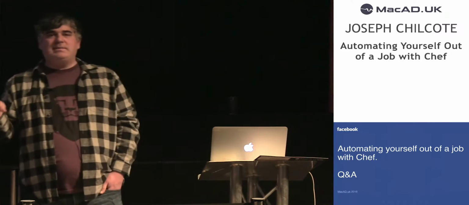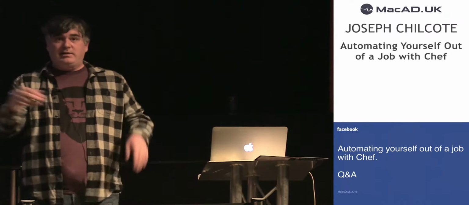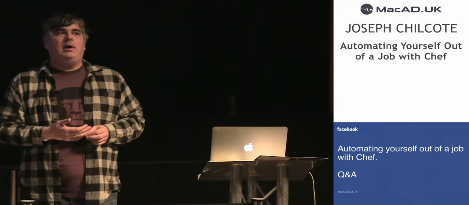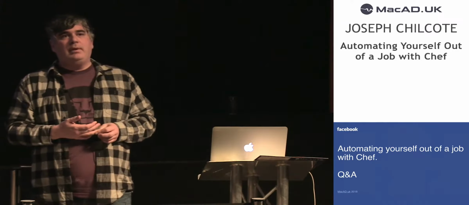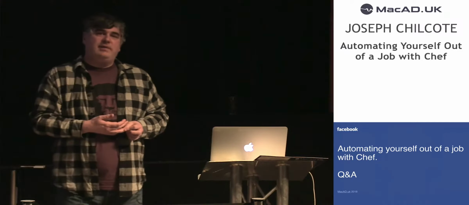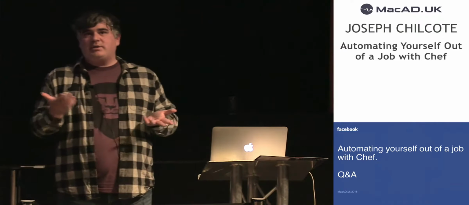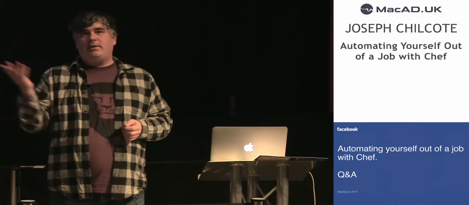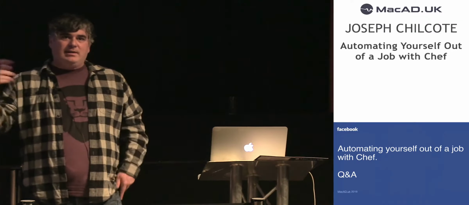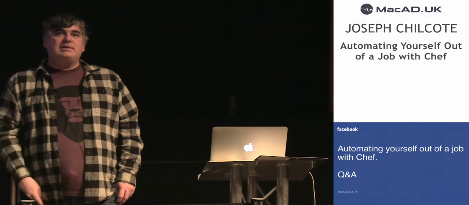So if you make a node customization with your serial number, that customization will apply just to your machine, not necessarily to the user that's logged into it, which is helpful for virtual machine testing too, because we can have a VM with a known serial number. Like I have a VM that's just called VM Chilcote, and I have a node customization just for that VM. So whenever I spin that up to do some testing, Chef applies certain things to the VM, like installing VMware tools, for instance.